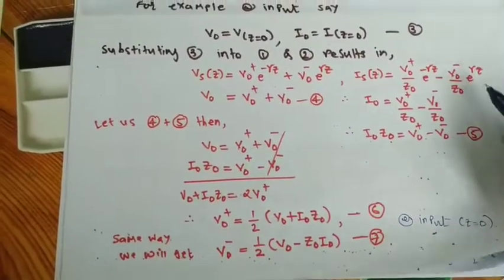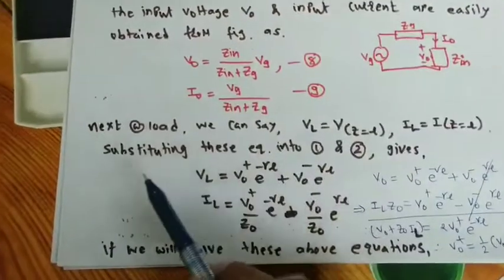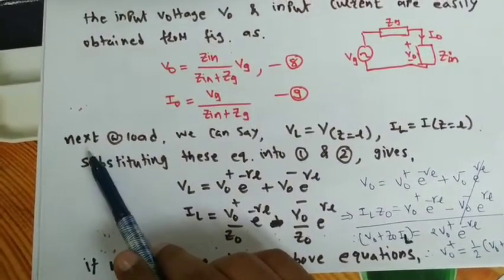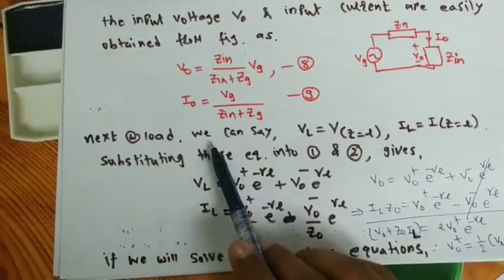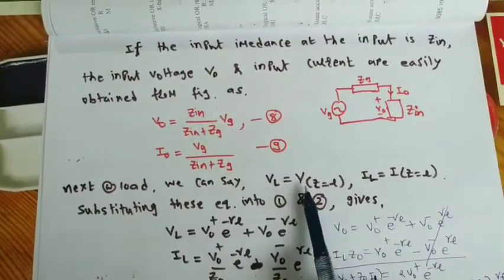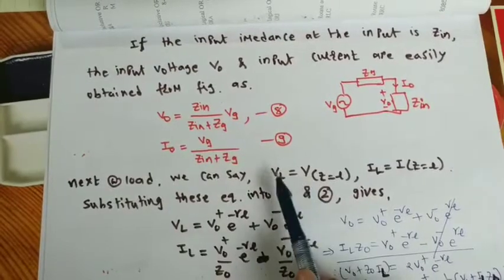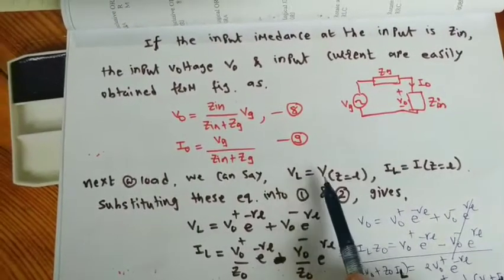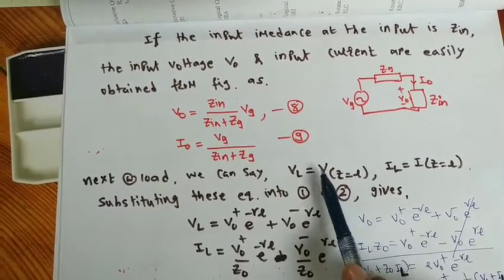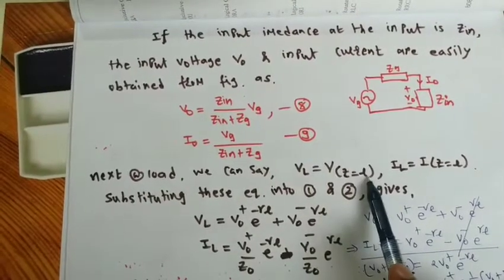For that case, let us first define the conditions. Here at the load, the voltage is equal to VL, which can be expressed as the voltage at z equal to L length.